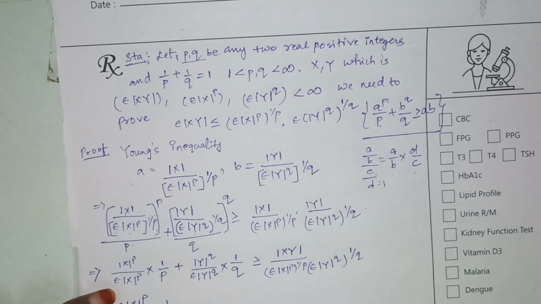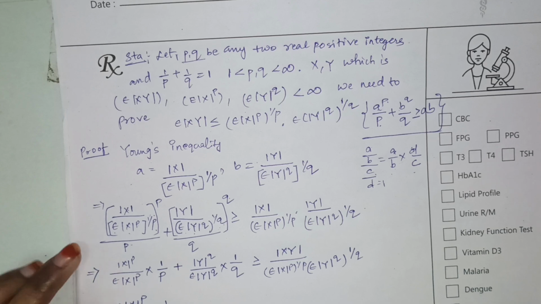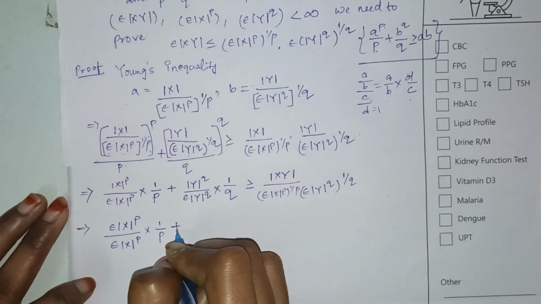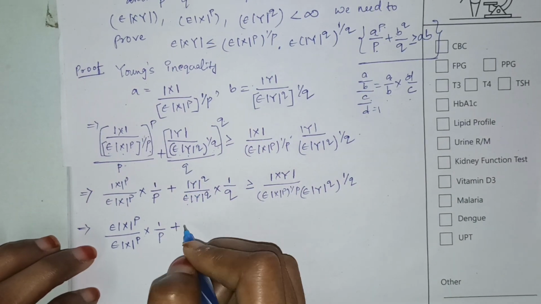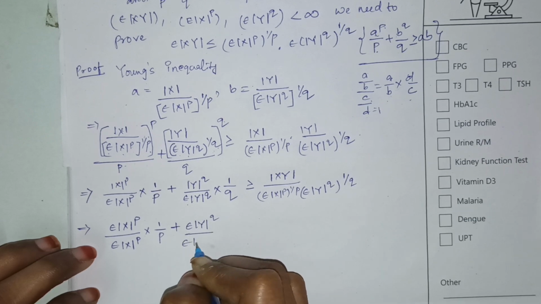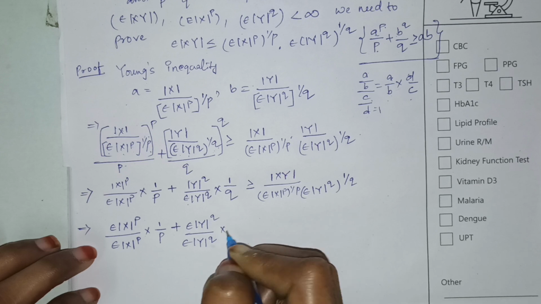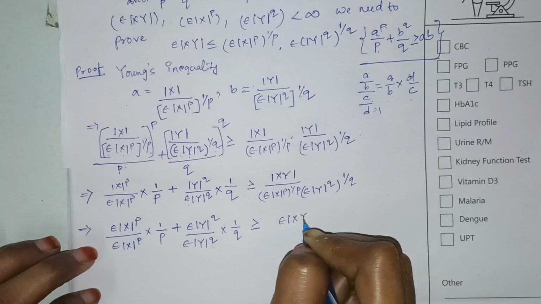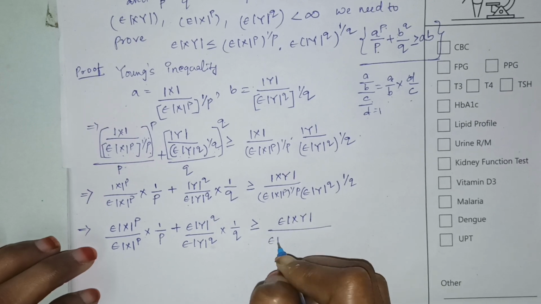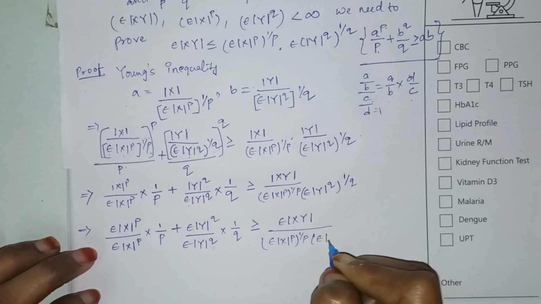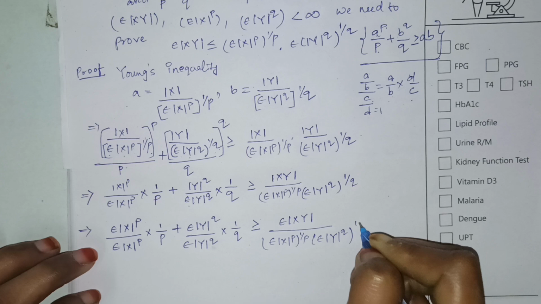Already here you have expectation, so you need not apply it once again. Here the expectation is not there, so you apply the expectation here. Plus, already you have expectation here, so I'm applying expectation of mod y to the power of q by expectation of mod y to the power of q into 1 by q greater than or equal to expectation of mod xy divided by (expectation of mod x to the power of p) whole to the power of 1 by p and (expectation of mod y to the power of q) whole to the power of 1 by q.